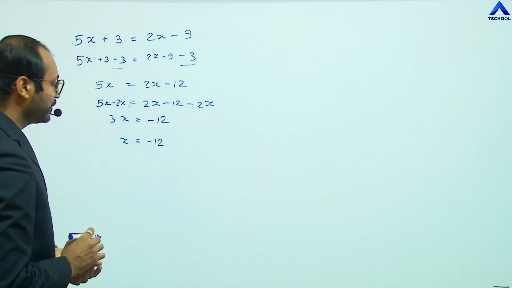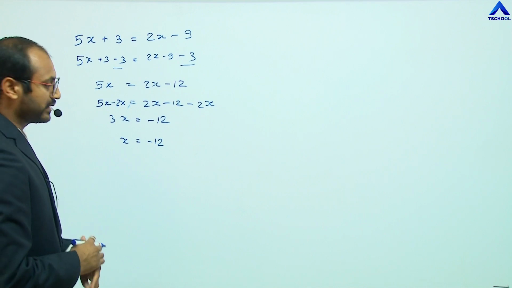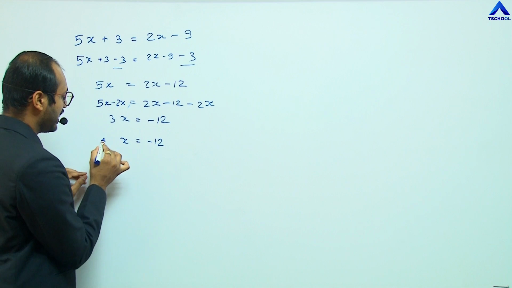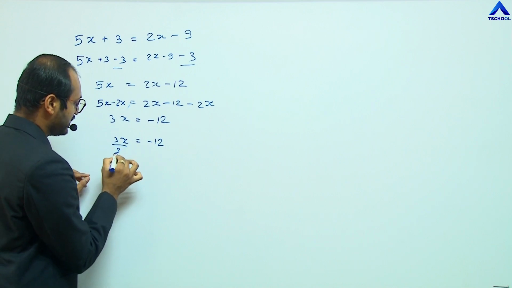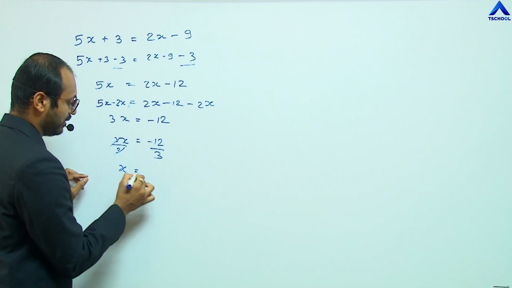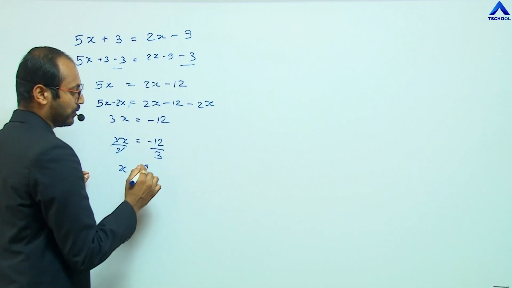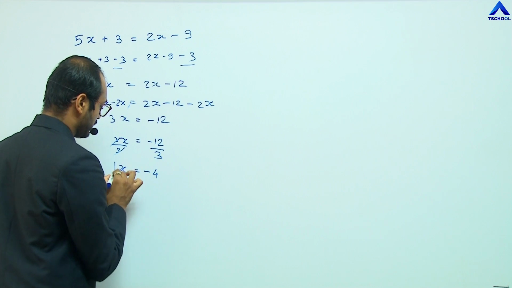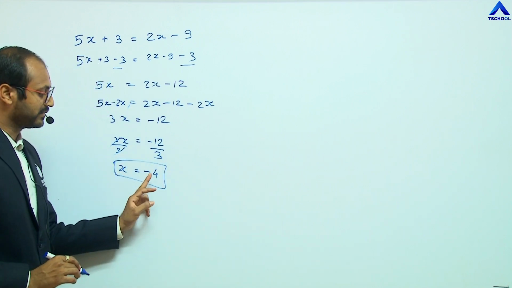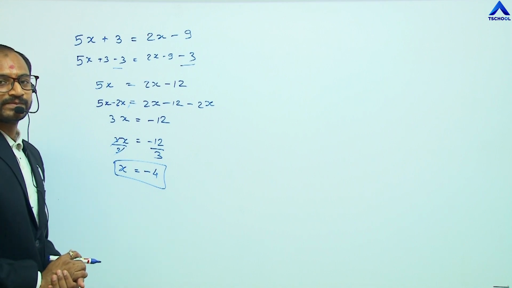Let me take the multiplicative inverse to make x alone. That means we are dividing by 3 on both sides. Here x remains alone, and here 4 threes are 12. So the answer for x, the unknown variable, is minus 4.